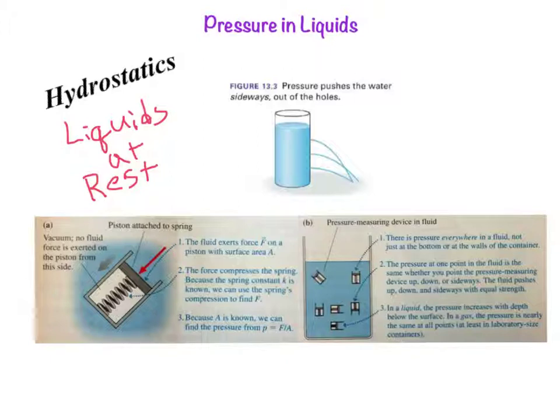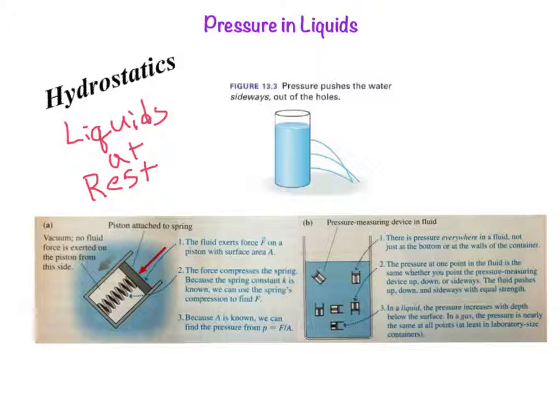Now, to measure the pressure at any point in a fluid, we could use a simple pressure measuring device such as this right here, where we've got a little piston in a container with a spring. And this container is a vacuum. There's no fluid force exerted on the piston from inside. Because we know the spring constant and the area of that piston, we can determine the pressure by measuring the compression of the spring.